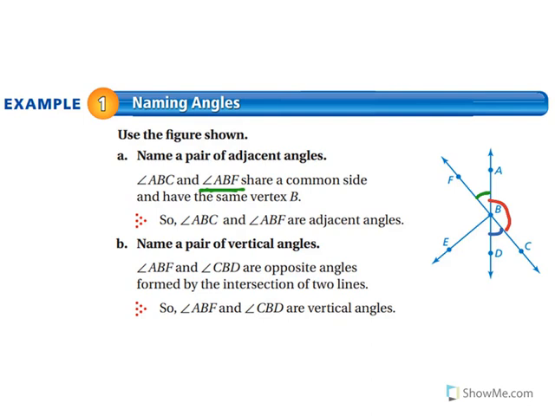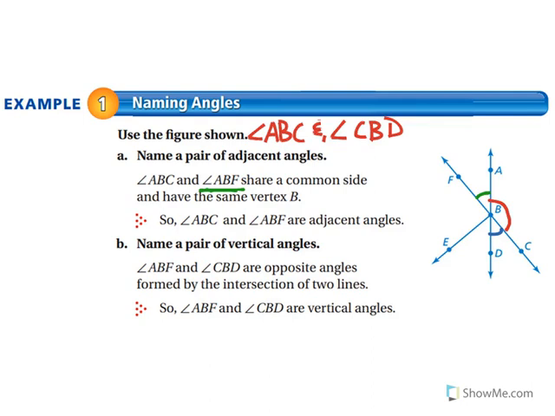Now, as well as that, you also have angle ABC and you have angle CBD. So these are also adjacent angles. There's several more to choose from, but here's a couple.